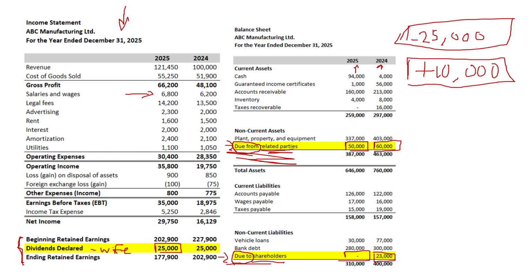So just think about it. I like to just think about it instead of writing a formula for it. Because it's due to and the amount that you owe somebody went from 23,000 to zero, it means you must have paid it off, right? So this is money going out of your company because you paid off a loan, or you paid off whatever amount you owe the shareholders.